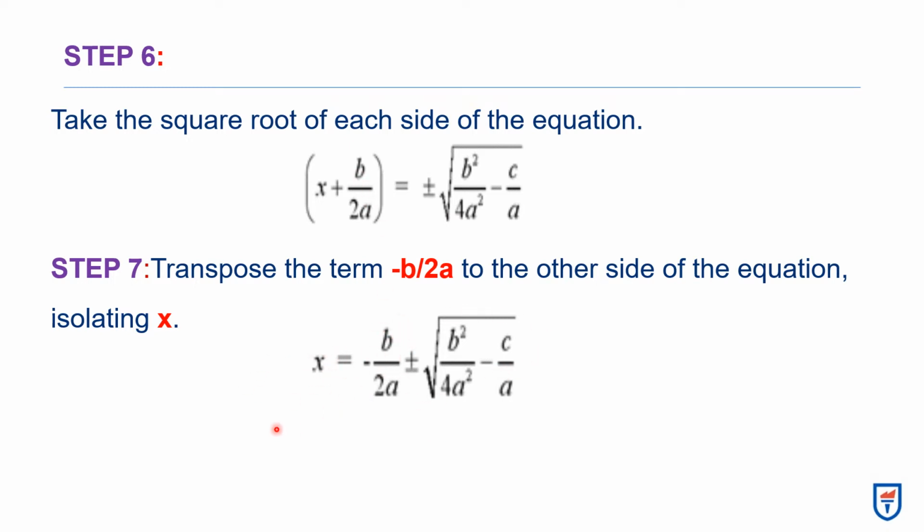So we end up having the values of x as x is equal to minus b over 2a plus or minus the square root of b squared over 4a squared minus c over a. So this becomes our solution for the values of x, and the two solutions are the one that is minus b over 2a plus this square root, and the one that is minus b over 2a minus this square root.